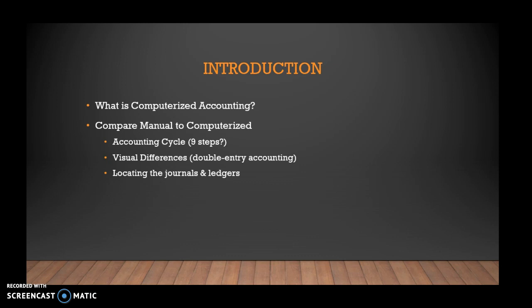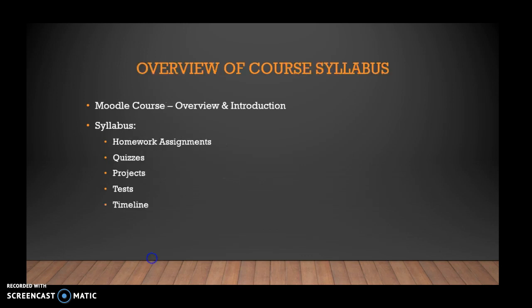They all contain lists of some sort, whether it's a customer list or a vendor list. They have different forms, whether it's a purchase order or a sales receipt. They do maintain registers, and they do have reports. So we're going to explore some of the differences as we go along.